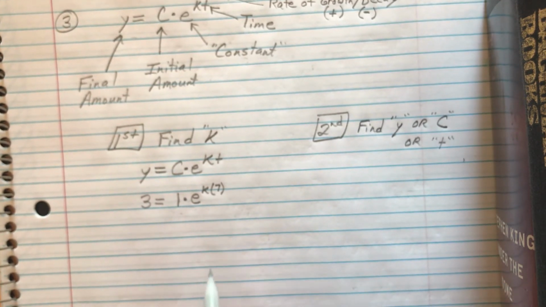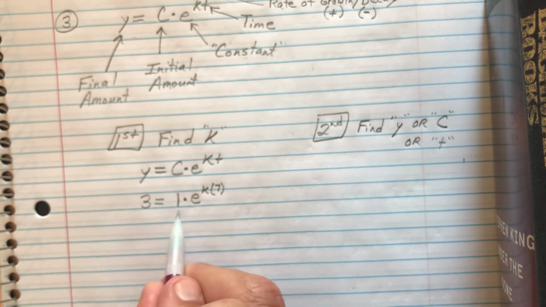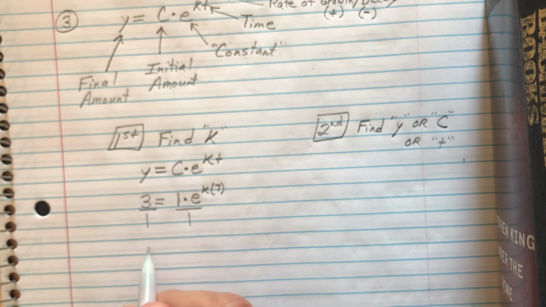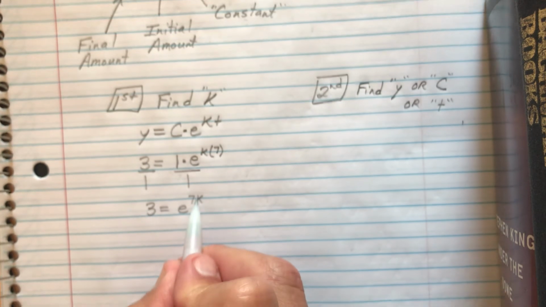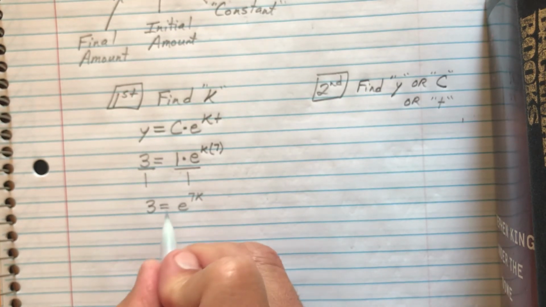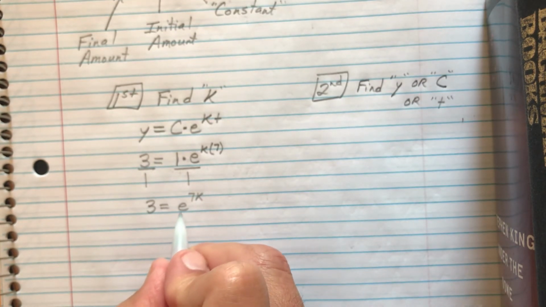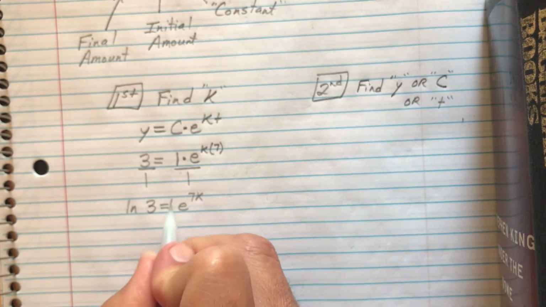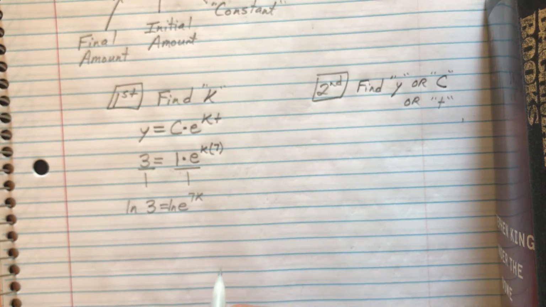This is going to enable us to find K. Step 1, after you substitute, divide both sides by C. Step 2 is to solve for K. To solve for K, you need to get this K out of the exponent spot. To do that, you're going to take the log of both sides. And since the base is an e, it's best to take the natural log of both sides.